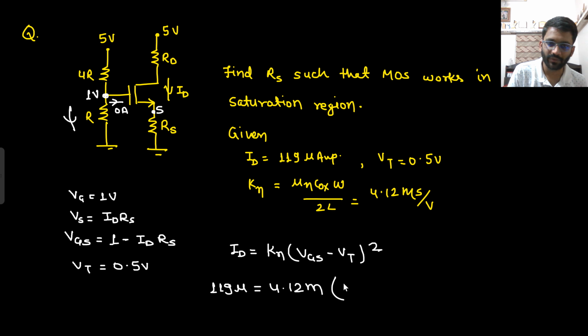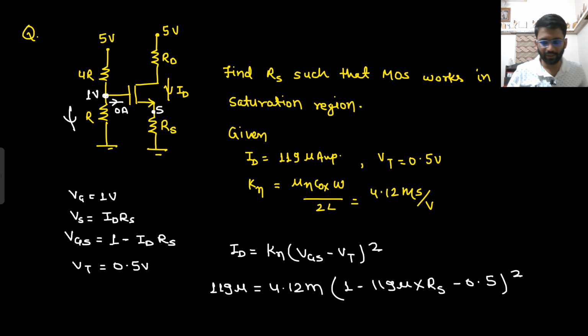What is VGS? VGS is 1 minus 119 micro into RS. This is VGS, 1 minus ID into RS. So ID value 119 micro equals 4.12 milli into (1 minus 119 micro into RS minus 0.5) whole square.